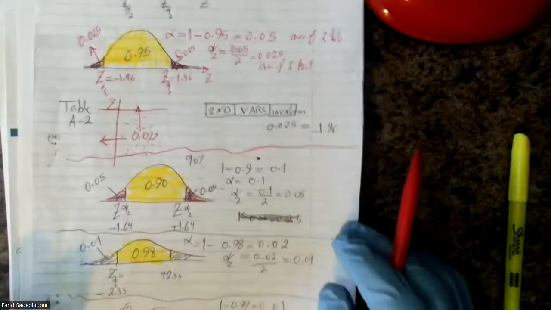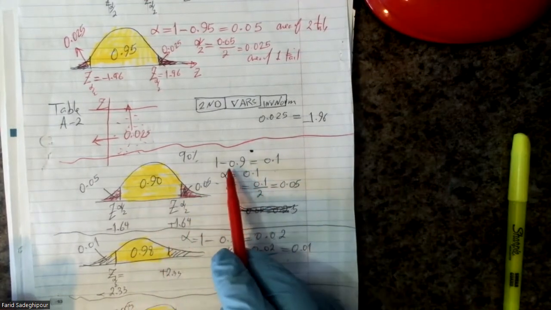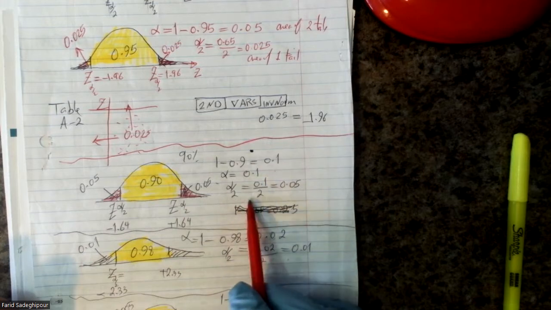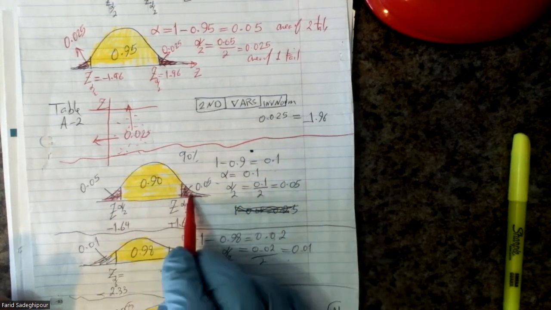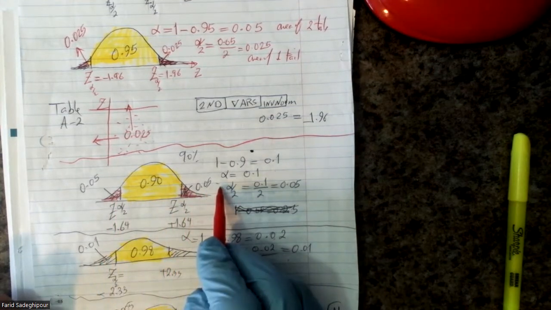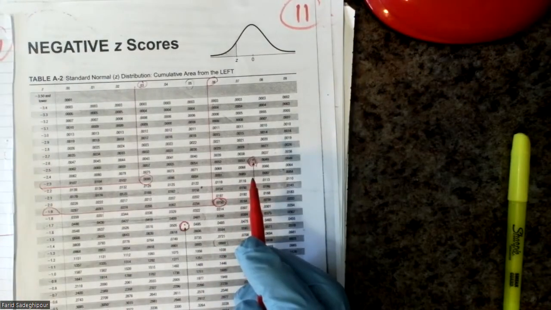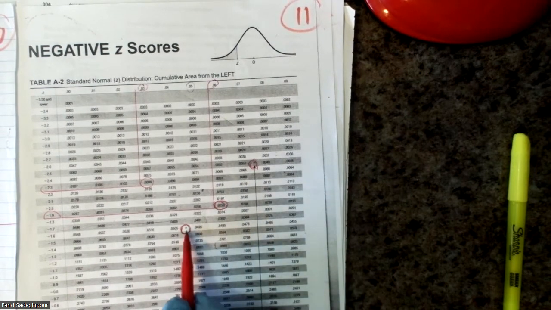Or for instance, on this one, this is a 90% confidence interval. If I subtract 0.9 from 1, it is 0.1. 0.1 is the alpha. Half of that is 0.05, which means the area of each tail, the red ones, is 0.05. So you go to the table and find that number, which is somewhere between here.